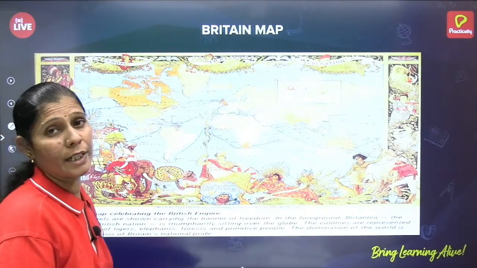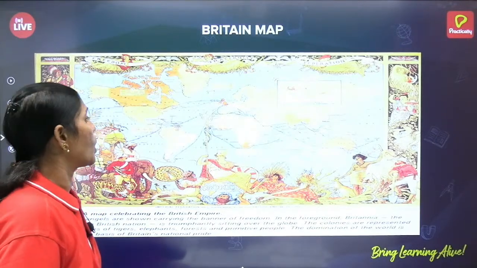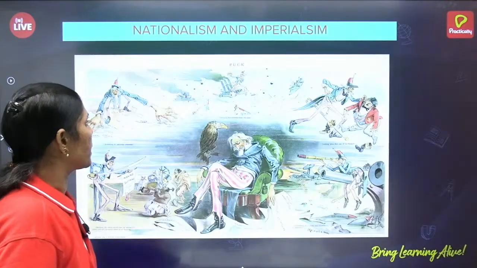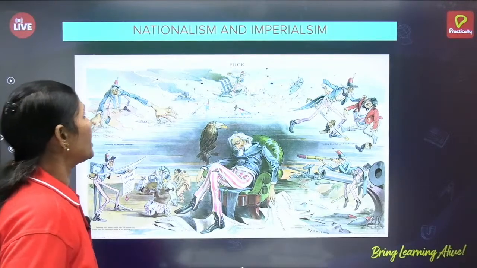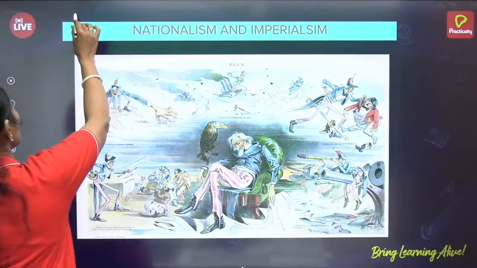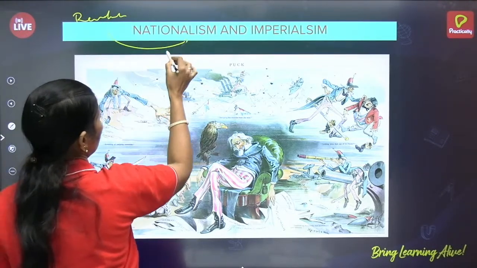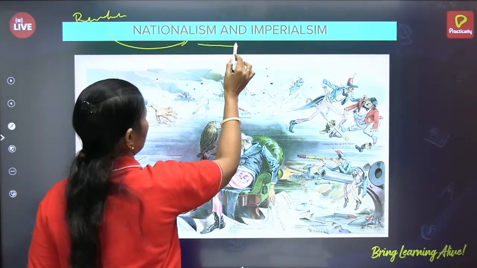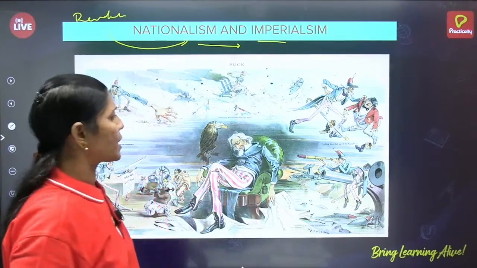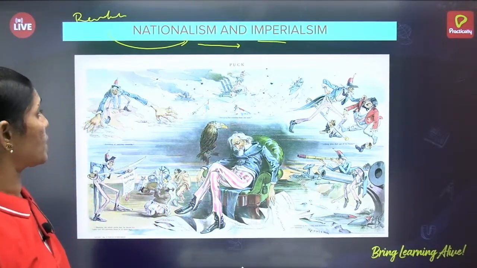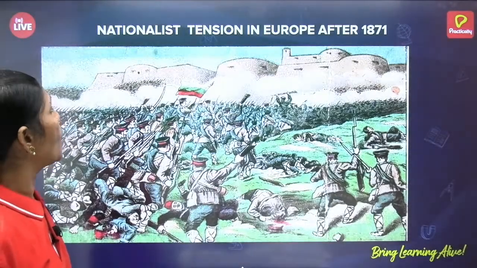You can also say that India was also colonized by Great Britain. See, revolutions led to nationalism, and the nationalism concept was again connected to imperialism, that means colonial rule, which was under different persons' control.